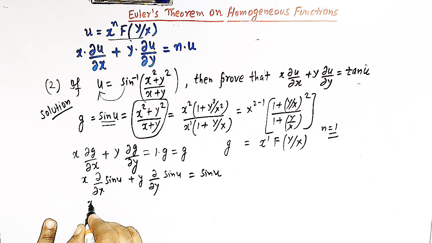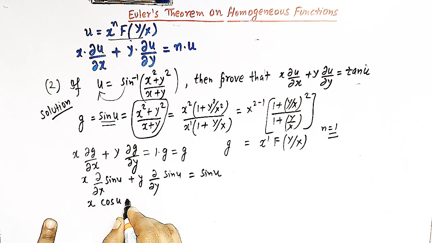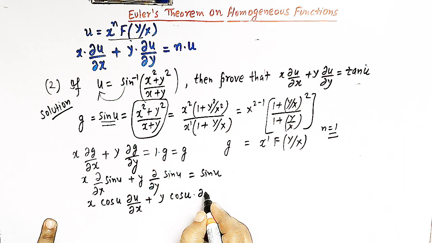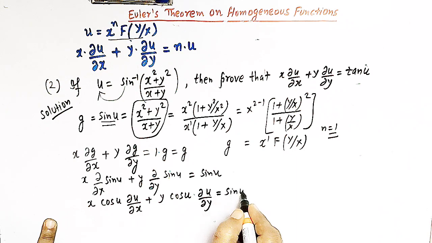Now let us differentiate first sine u with respect to u. The derivative of sine is cosine, so we have cos of u, and then by chain rule we have del u over del x, and here we have cosine u, and then by chain rule del u over del y, equal to sine of u.